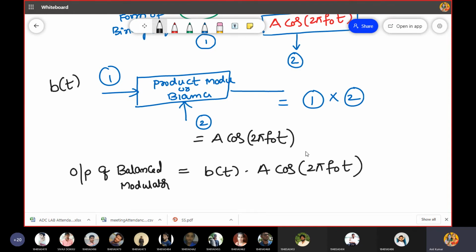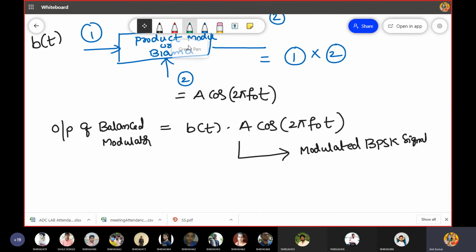Is it okay? And now this is nothing but the modulated BPSK signal.